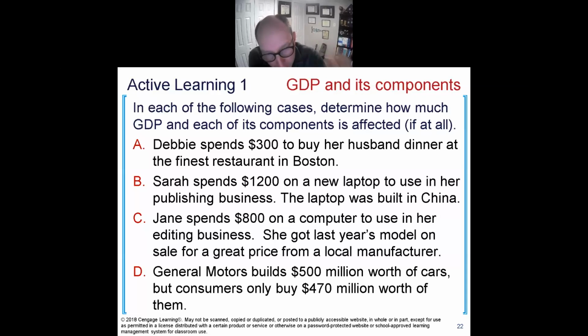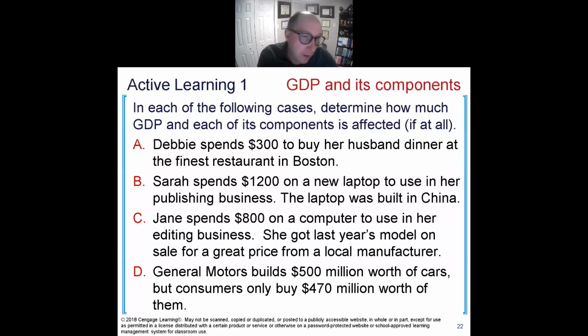So Sarah's spending this $1,200 investing into the business. Because remember, when the business purchases property, plant, and equipment, they're investing in the business. And Sarah is purchasing equipment, a new laptop, to use in her publishing business. So yes, it's investing.